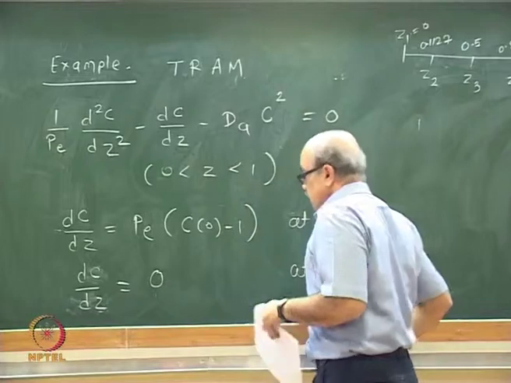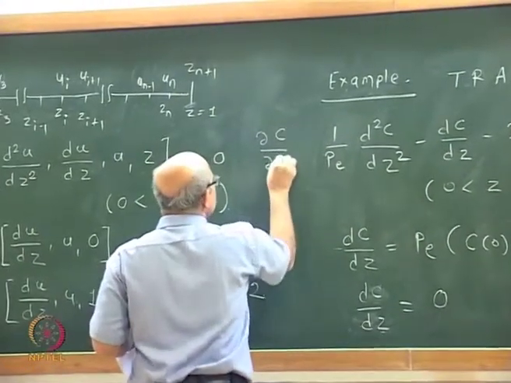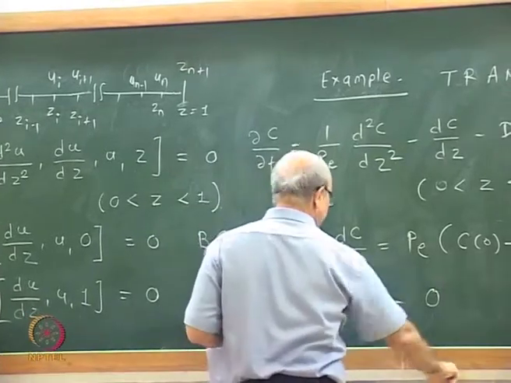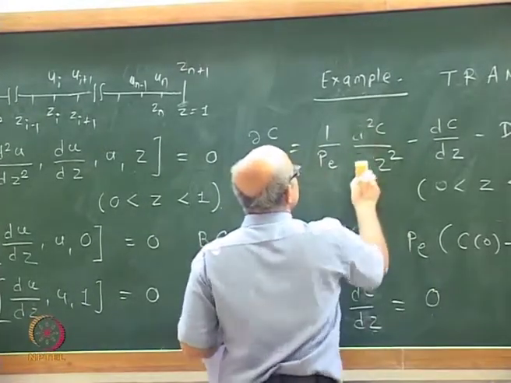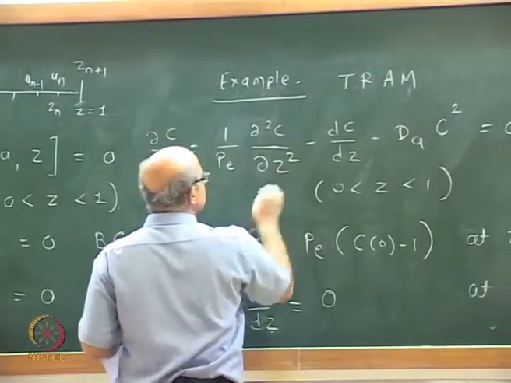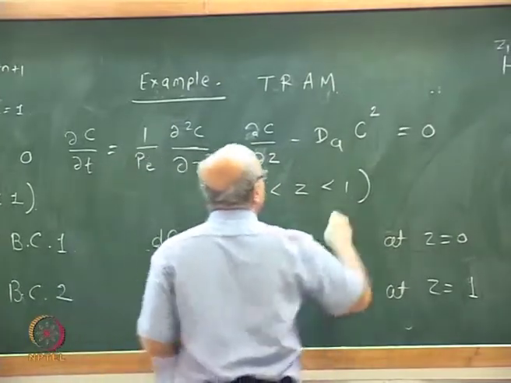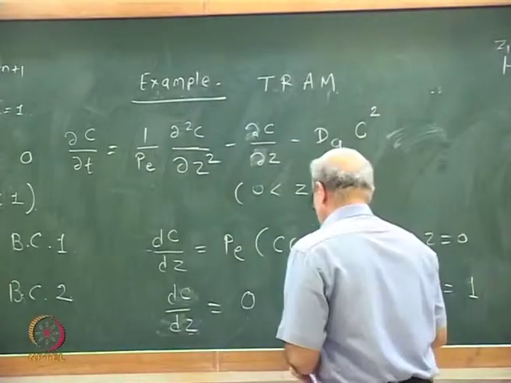So I'm going to say here, dou C by dou T is equal to, so these become partial derivatives, dou 2C by dou Z square, dou C by dou Z, and so on.